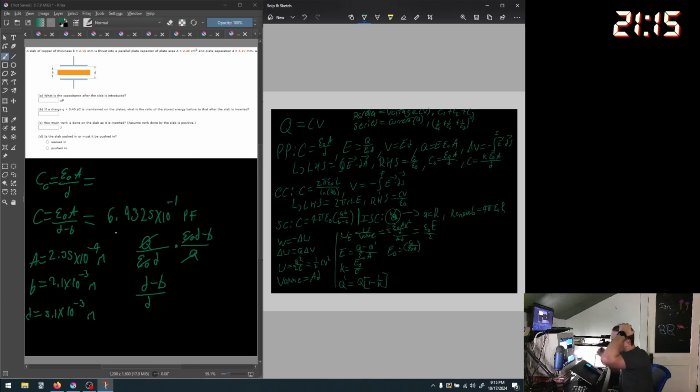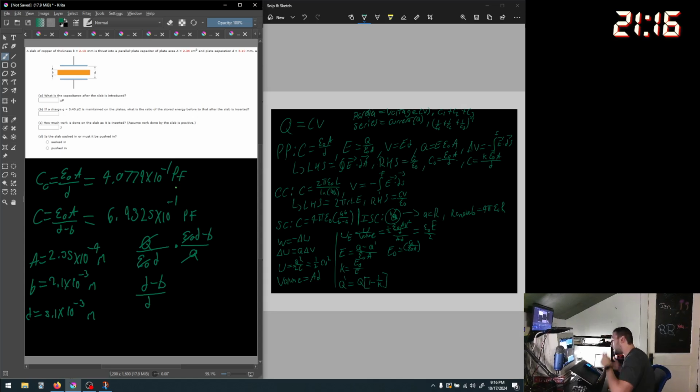Okay, so here's where we find the original C. The original C is going to be 4.0779 times 10 to the negative 1 picofarad.